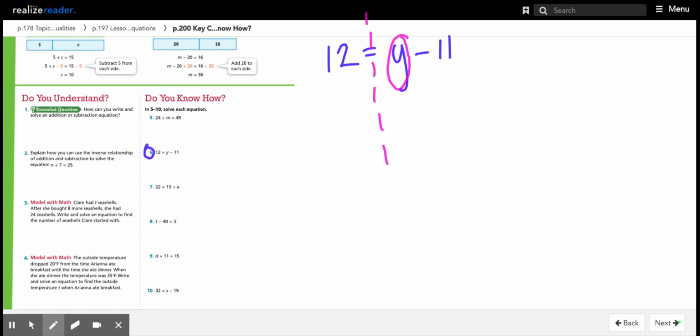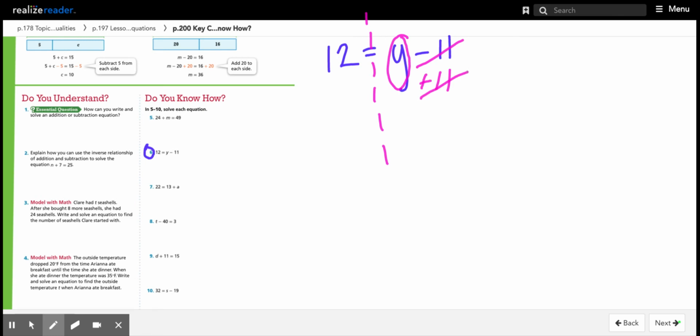What's the inverse operation or the opposite operation of subtraction? The opposite operation of subtraction is addition. So I'm going to add 11 to the right side of the equation because minus 11 and plus 11 will cancel out and equal 0.